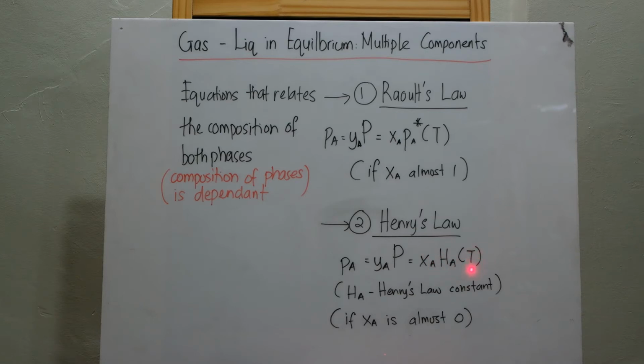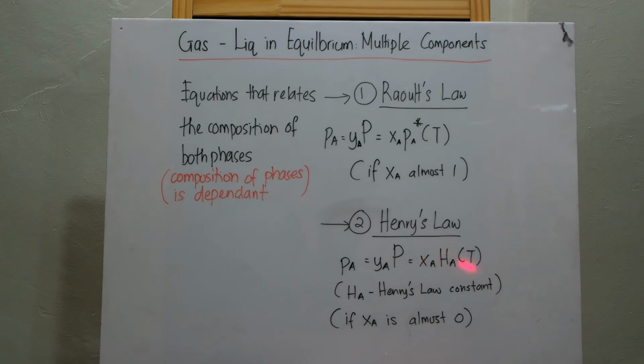If you need to calculate during an exam or your test, this value needs to be given by the examiners, because we do not have it in our textbook. This is Henry's law constant, yeah? And this law applies when our x_A is almost 0. So, this is for a liquid which is very dilute with this component.